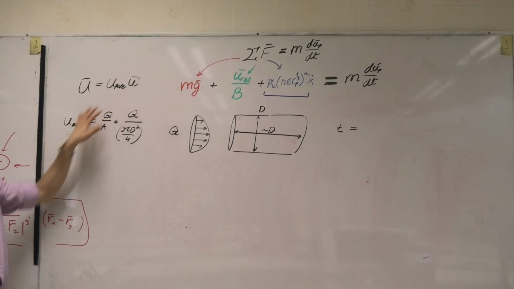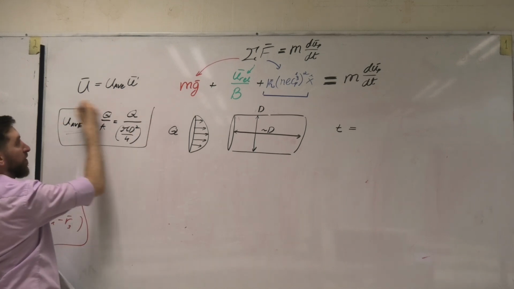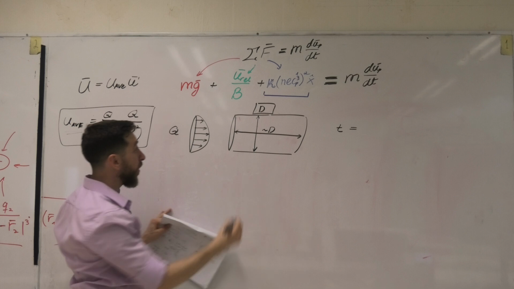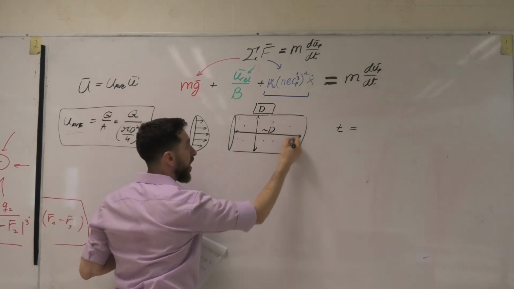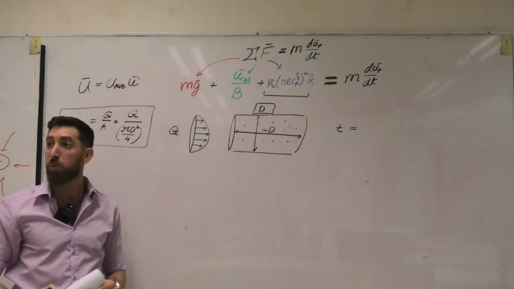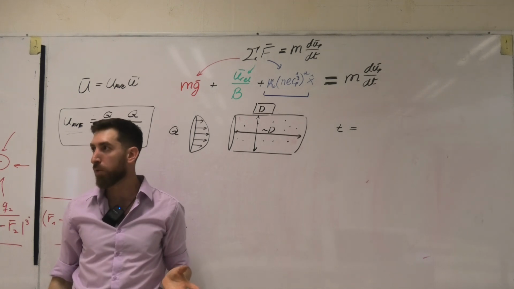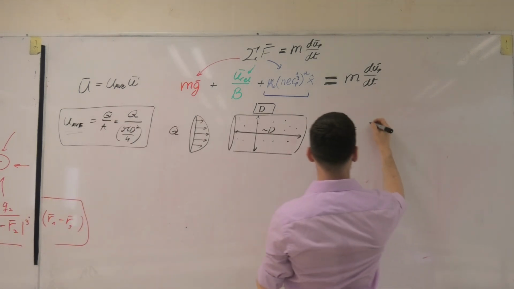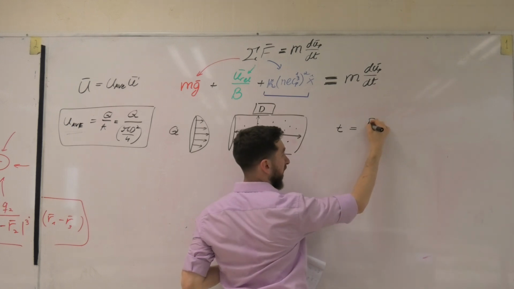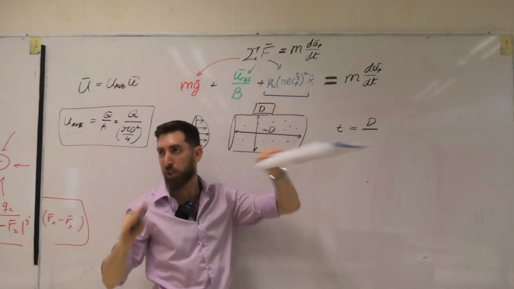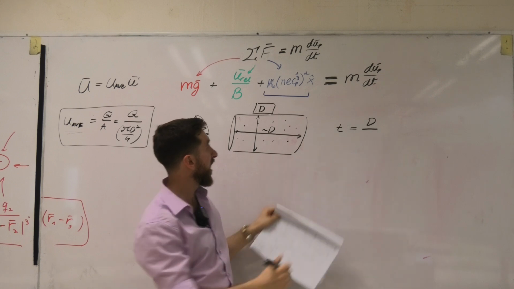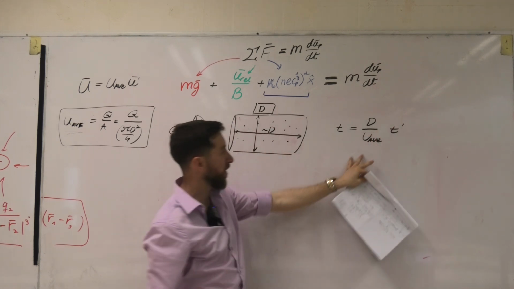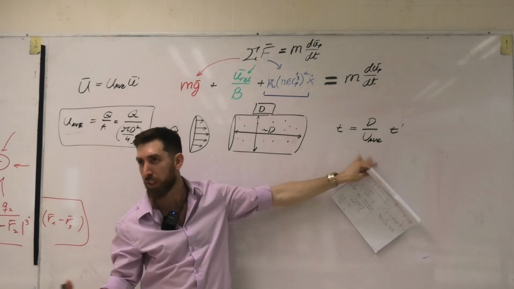So we know how the velocity behaves, we know how the distances behave, and if there's a particle here, we know how much time on average it would stay inside the tube. How can we know it? We know the distance I want to go, d, the diameter or the length, divided by the average velocity. So we actually know a characteristic time.